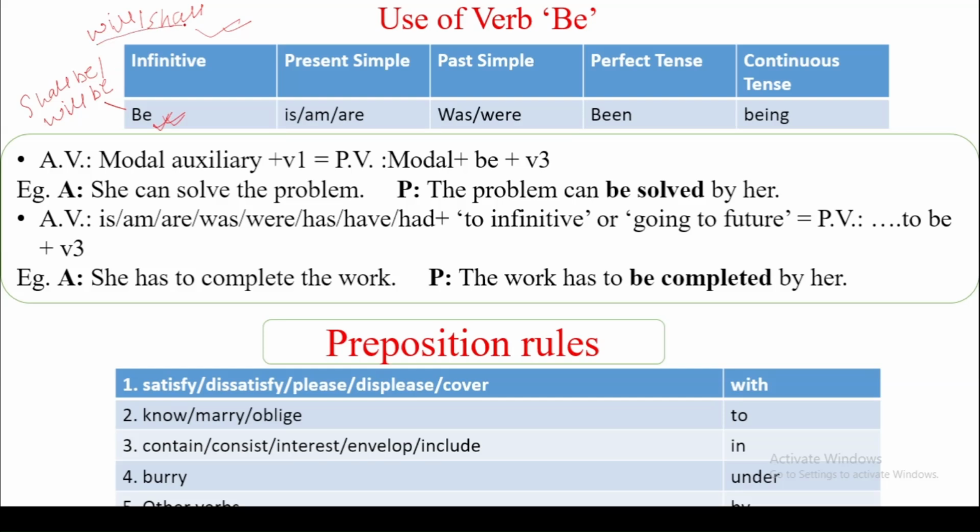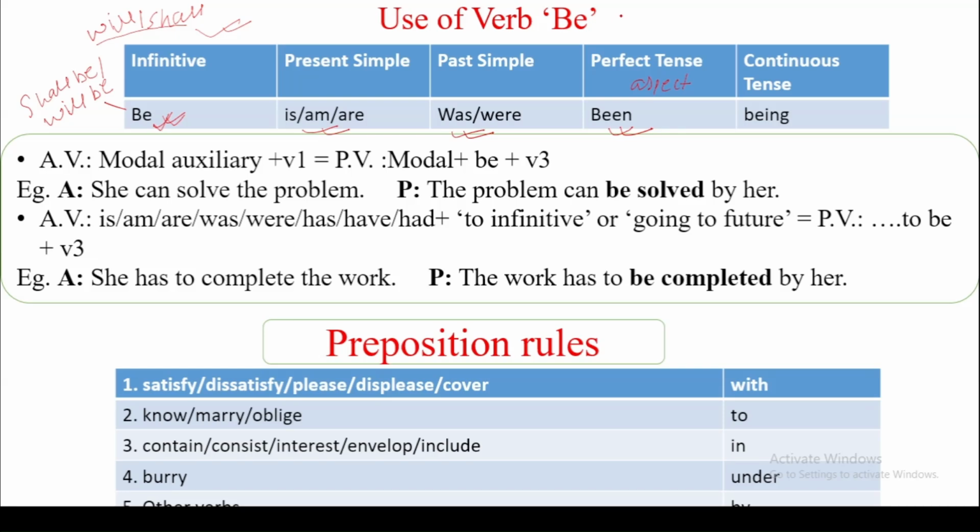So if there is case of future, and if there is case of present simple, we use is, am, are as verb be. If there is case of past simple, we use was, were. If there is perfect aspect of any tense, we use been.